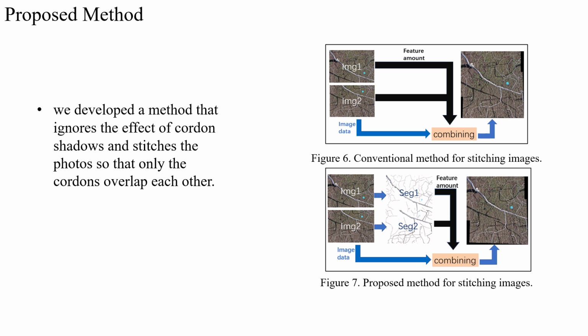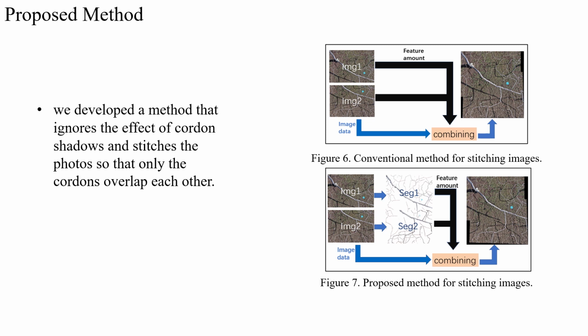Figure 6 provides a general overview of an image stitching procedure that relies on feature points extracted from images for combination purposes. Figure 7, on the other hand, demonstrates our proposed method. In this approach, we first segment out the cordons from IMG1 and IMG2, generating SEG1 and SEG2 images that contain only cordons.